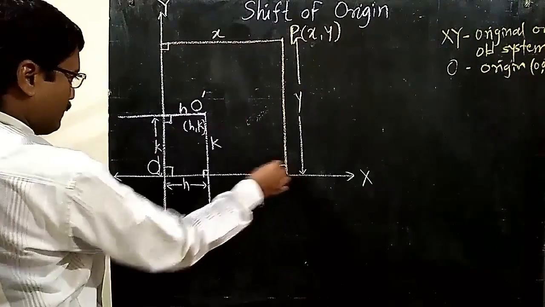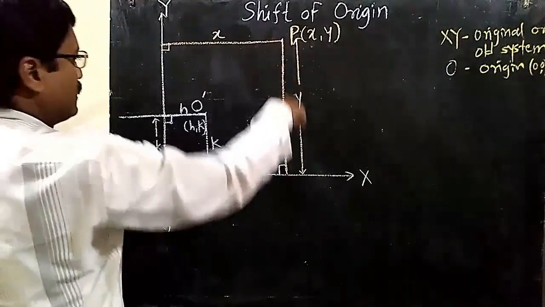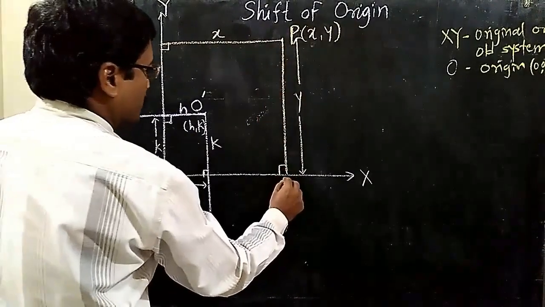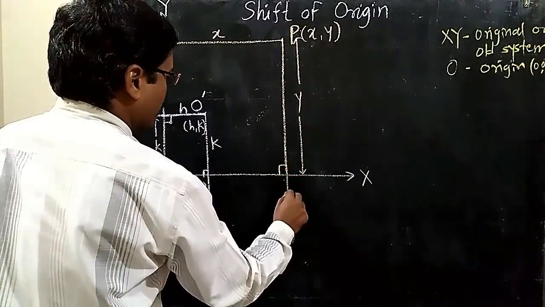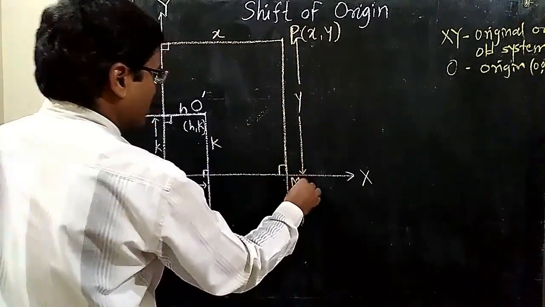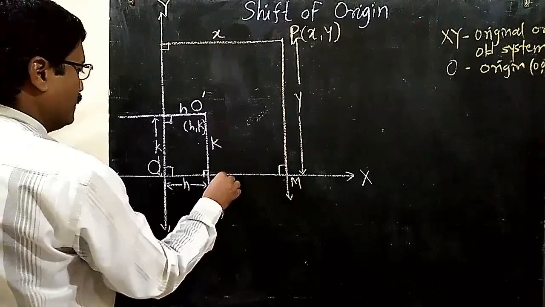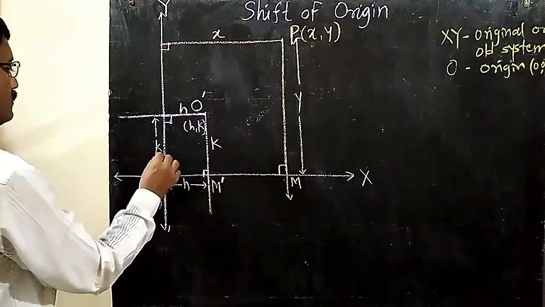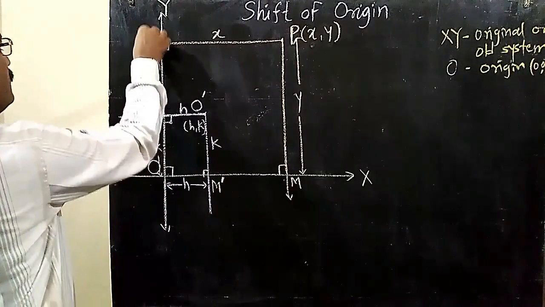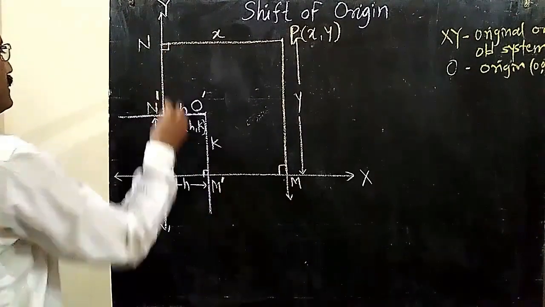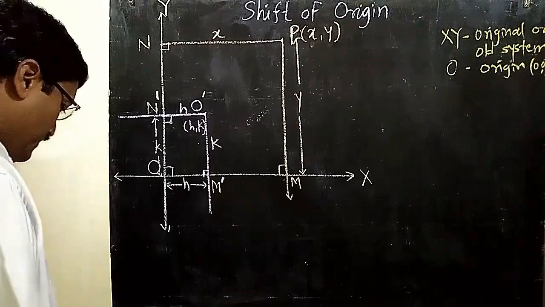Again, these two are perpendicular, this is also perpendicular. So this quadrilateral is a rectangle. Let us give the names here. This is suppose point N, this has N dash, this is O, this has N, and this has N dash.